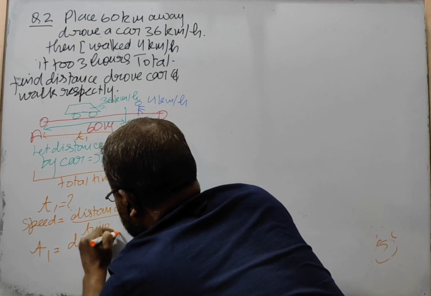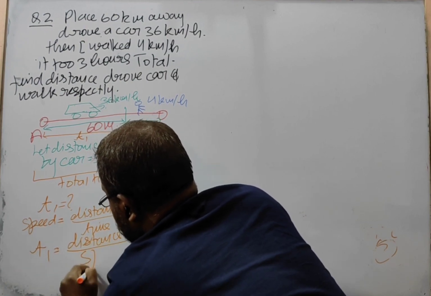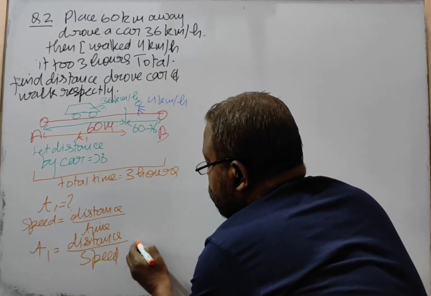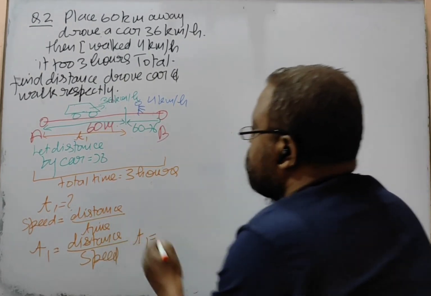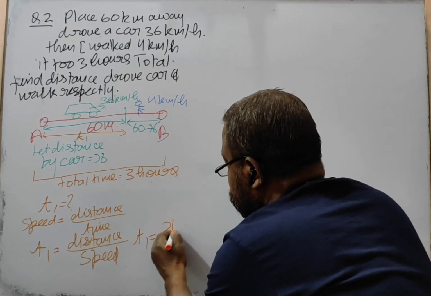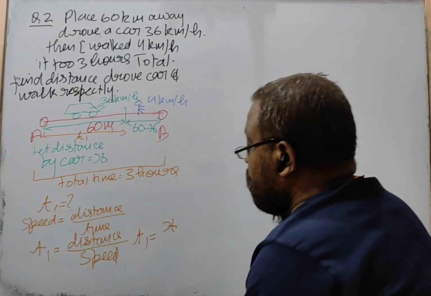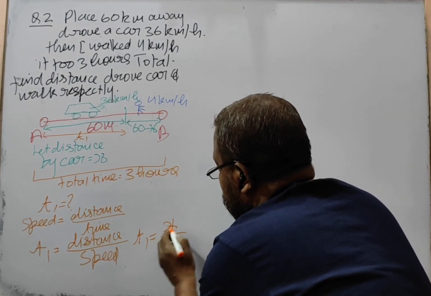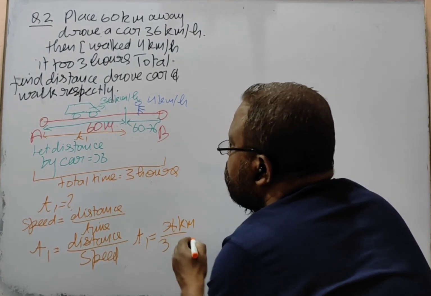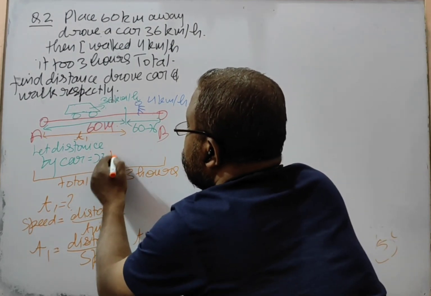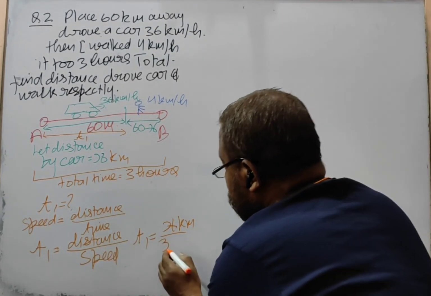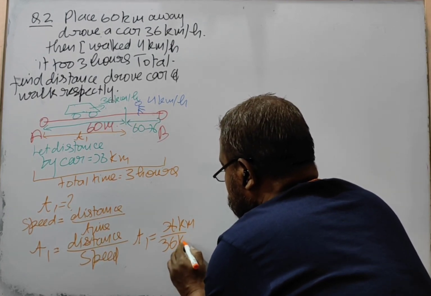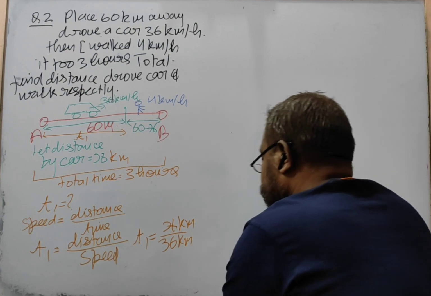So T1 will be distance, X kilometers, upon speed, 36 kilometer per hour.